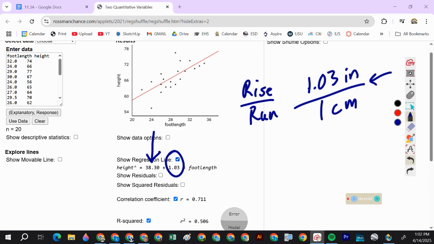There are people without feet, right? That's not what we're talking about. We mean if you take a person and you shrink them down vertically until their foot length is 0, how tall are they? So what that's saying is if we follow this backwards, it's going to be way over here, and we look at people with 20 centimeter foot lengths, 19, 18, 17, all the way down to 0, a person with a 0 length foot would be 38.3 inches tall.